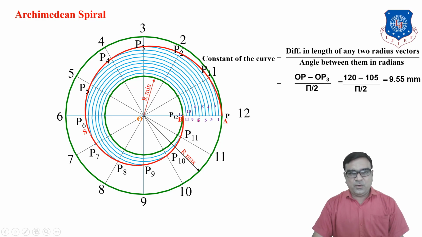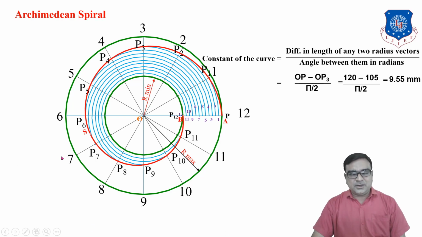If we take OP, one radius vector which is 120 mm, and another vector OP3, what is the length of OP3? 105. And the angle between these two vectors is 90 degrees, means in radians it is pi by 2. So by equating these values, 120 minus 105 divided by pi by 2, we get 9.55 millimeter. This value is known as the constant of this curve.